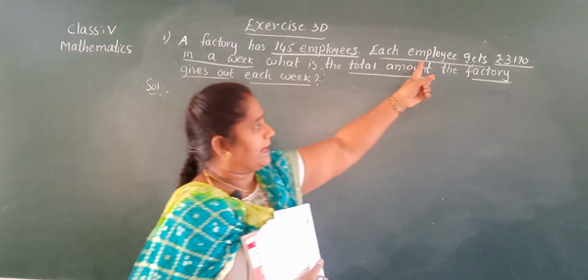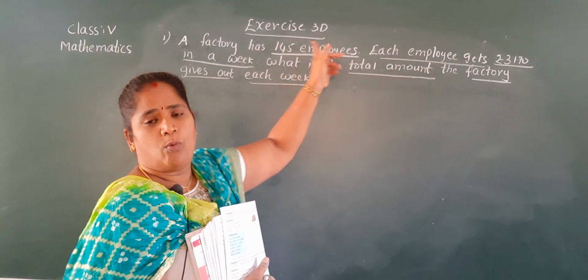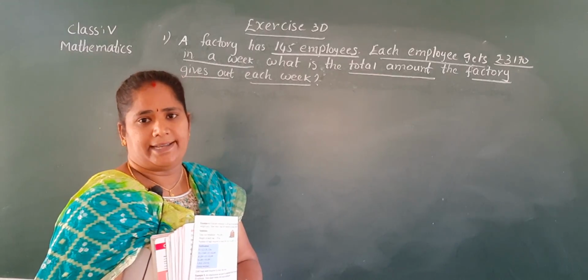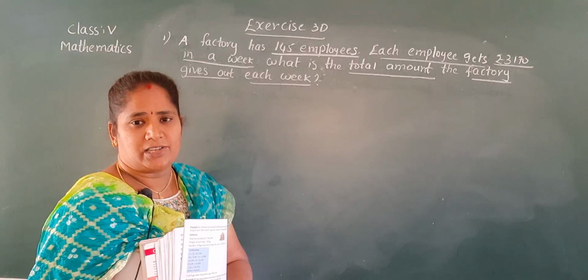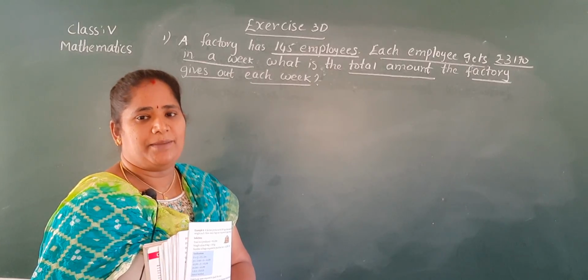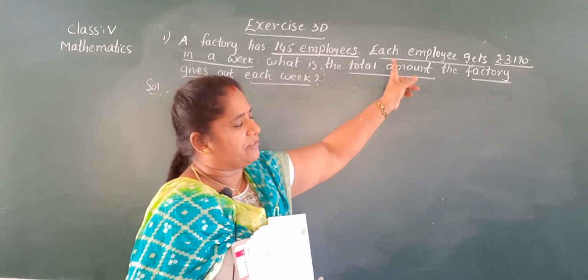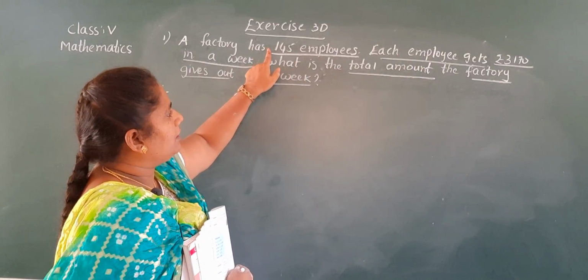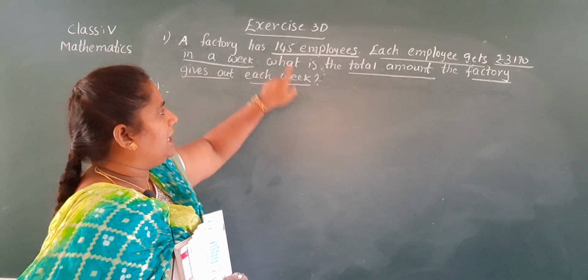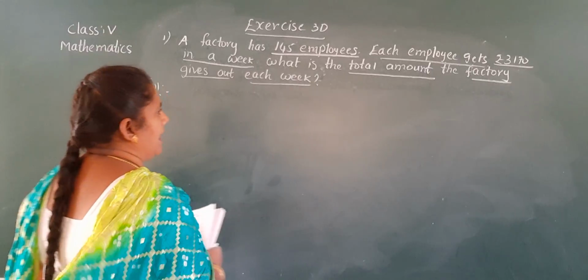Yes, multiplication. Don't get confused. So the amount given for one employee, and here we have to find the total amount given by the factory for 145 employees. Come on, write the steps.